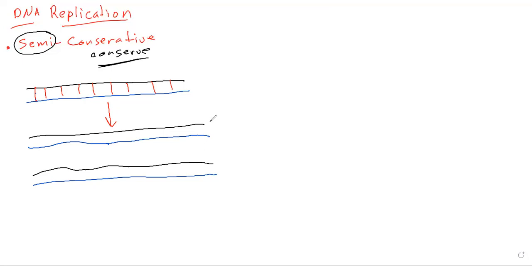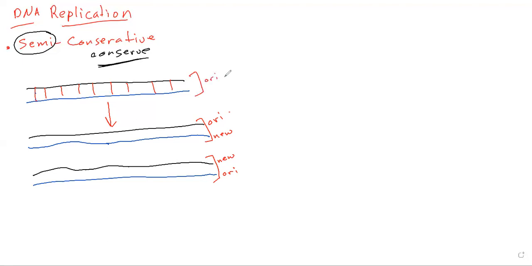Now, this was your original DNA, and this blue line was also the original as well. This is the new strand of this DNA molecule. This is one DNA molecule, and this is the next one, so the top strand is the new one. In this new DNA molecule, it has a new strand, and it has one strand from the original DNA.